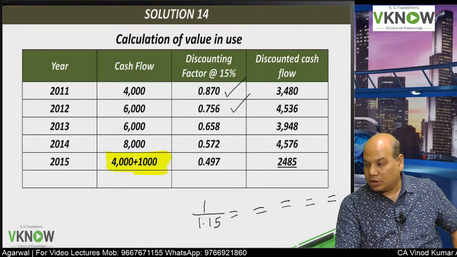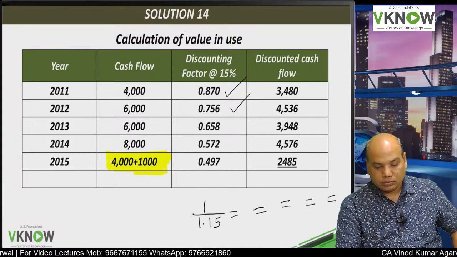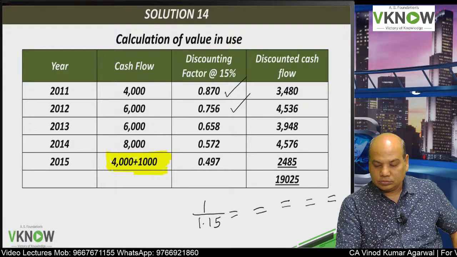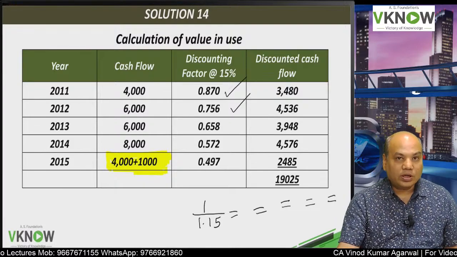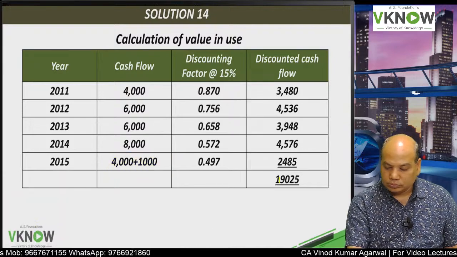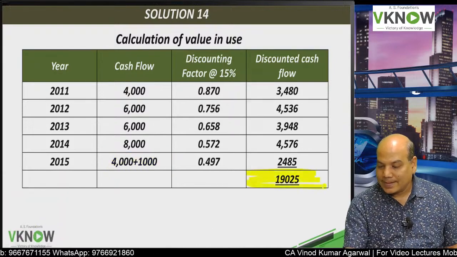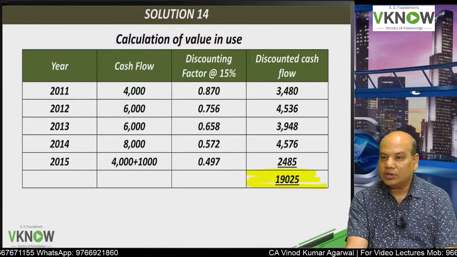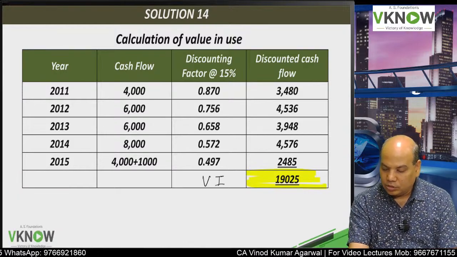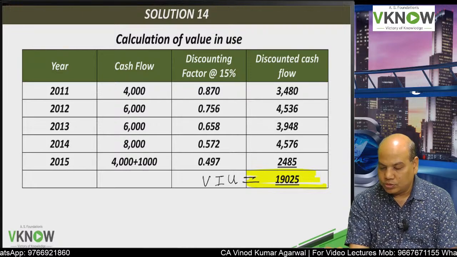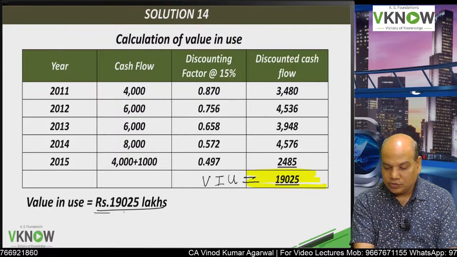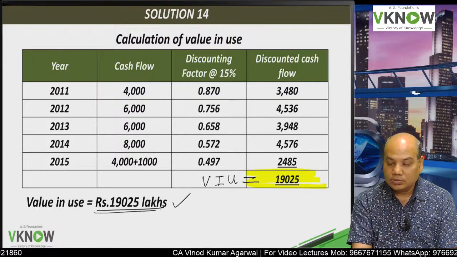So that comes to 19025. Very good. Is right. This is called value in use. 19025. First answer is over.